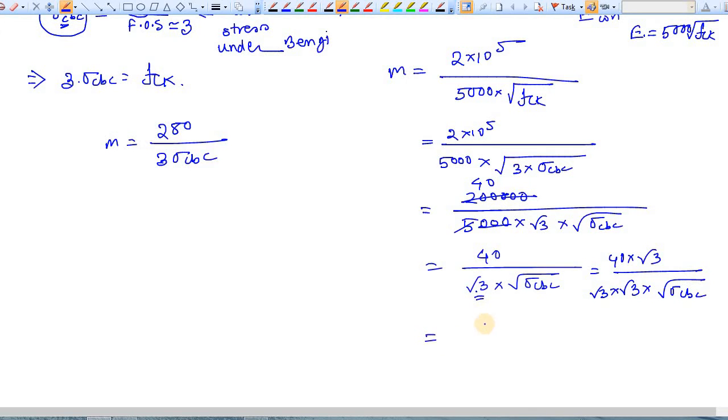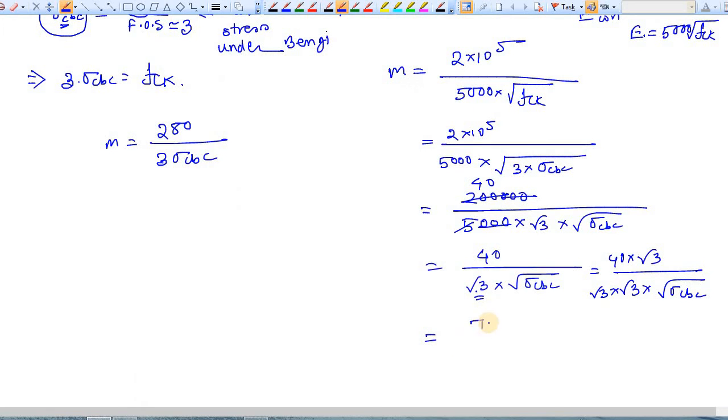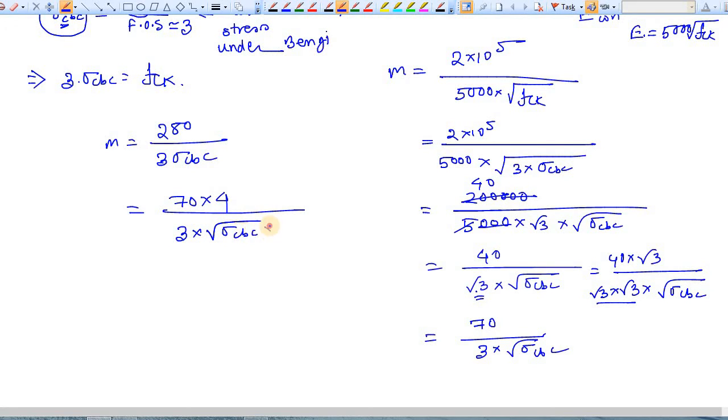So it is coming as 40 into square root of 3, which is almost 70. So 70 divided by 3 into root over sigma_cbc, and here let's make it 280, that is 70 into 4 divided by 3 into square root of sigma_cbc into square root of sigma_cbc.